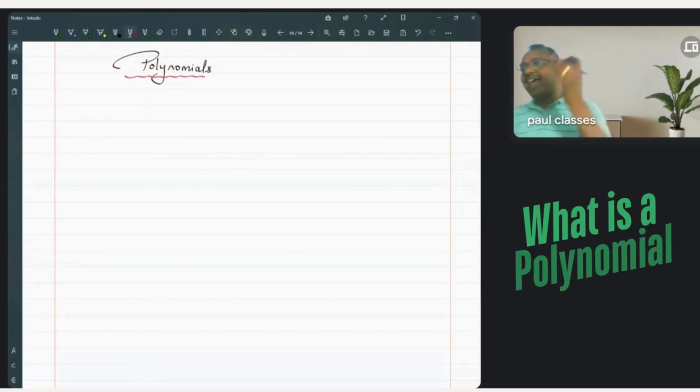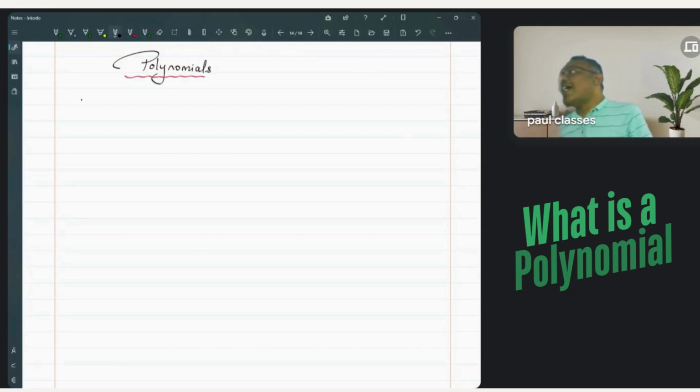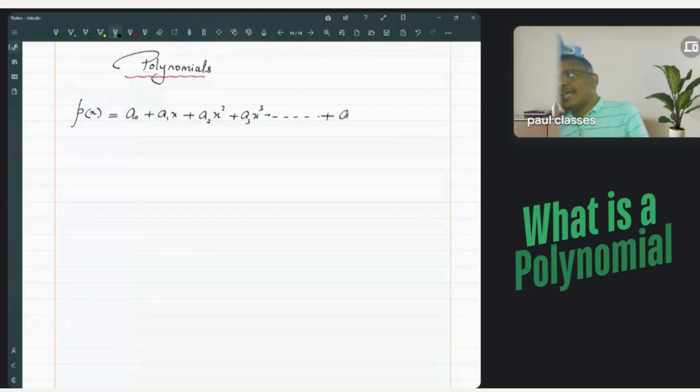A polynomial is an algebraic expression of the form a0, a1x, a2x square, a3x cube, and so on, up to an x to the power n.